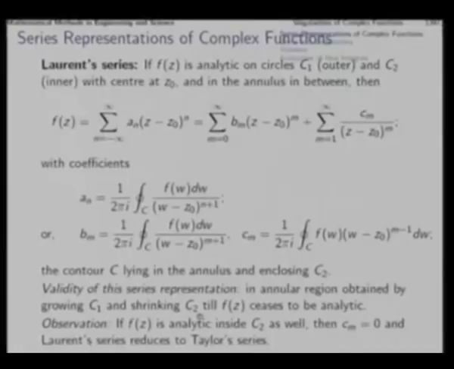So, you can go on expanding the outer circle and shrinking the inner circle till you hit a singularity. Within that region, this series representation will be convergent, which means that representation will be valid. This we have observed already: if c_m is equal to 0, that is, if it is analytic inside C2 as well, then this series will simply reduce to the Taylor series.